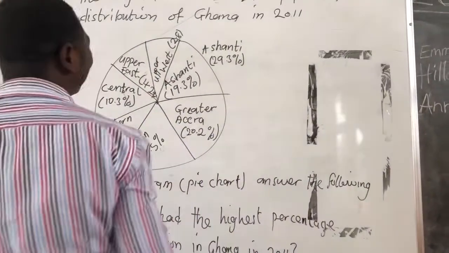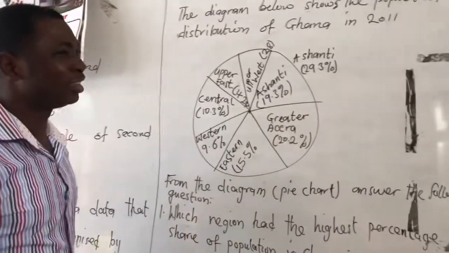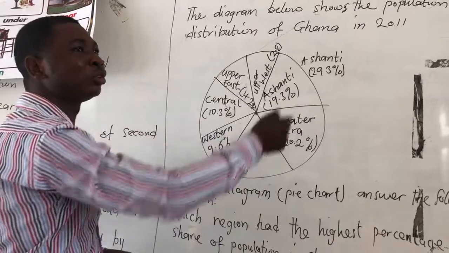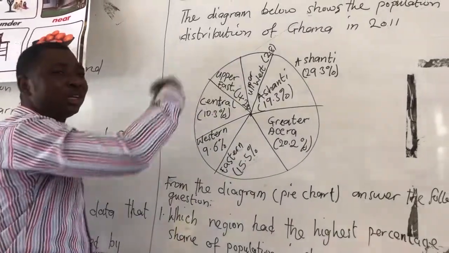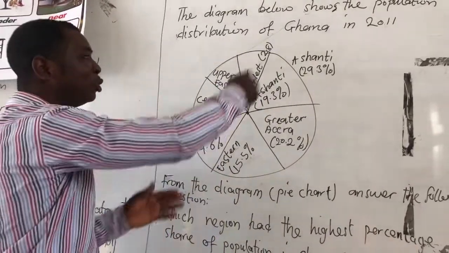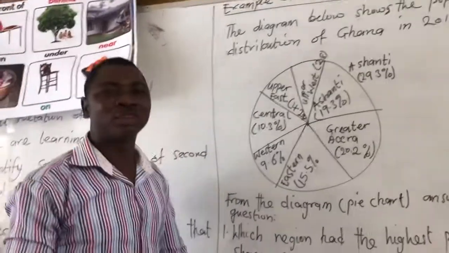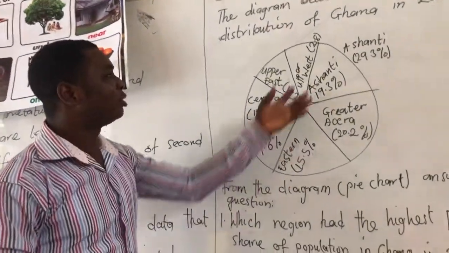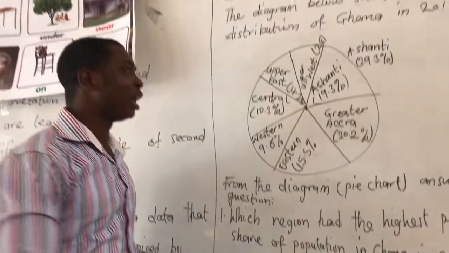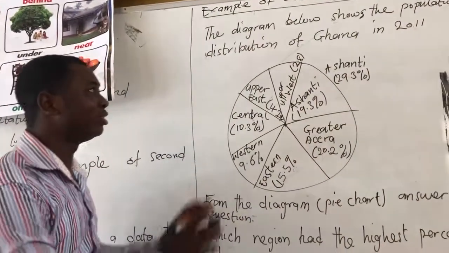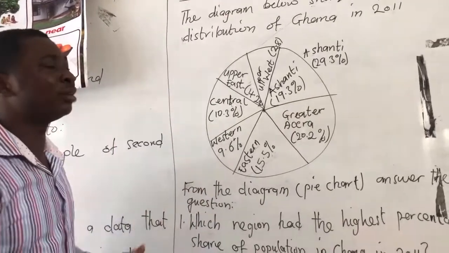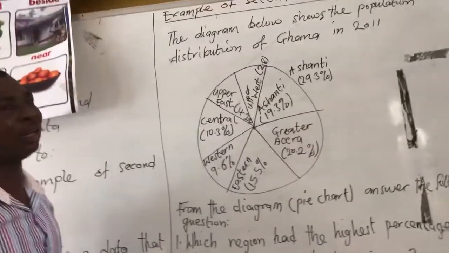You know a pie chart is a round circle that is constructed and divided into sectors. So this is the information we have here about the regions, and the population distributed in the year 2011 in Ghana.